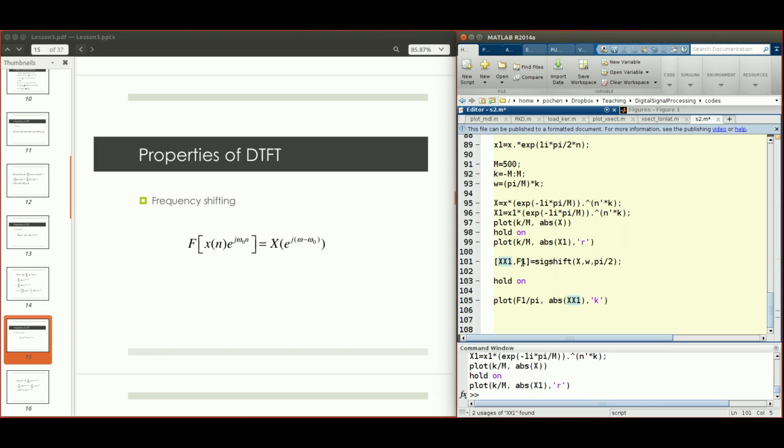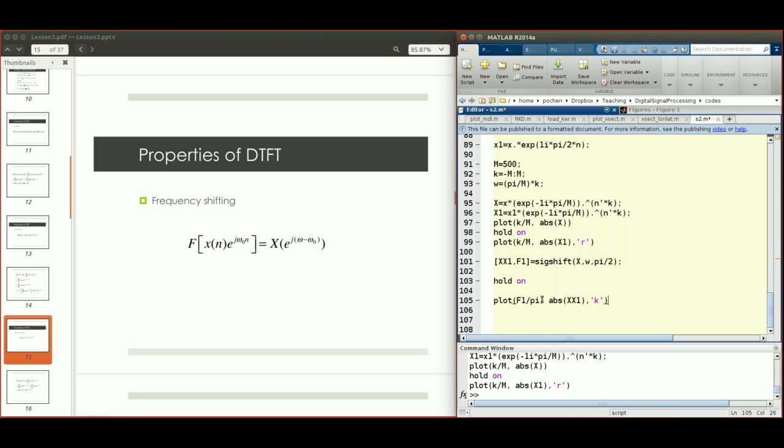So now let's make a plot of the magnitude of xx1, but its horizontal axis is f1, right? F1 actually goes from minus pi to positive pi. So you have to normalize it by dividing by pi. And then we are plotting the magnitude in black, right?